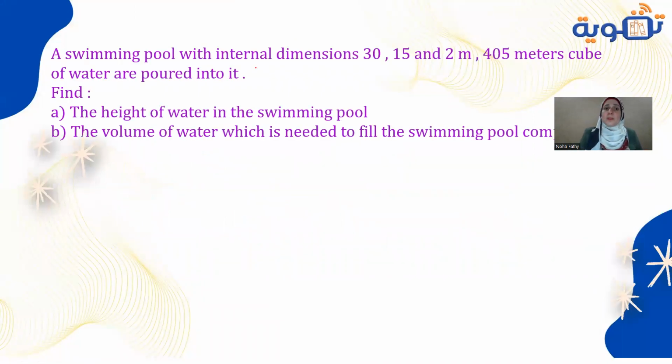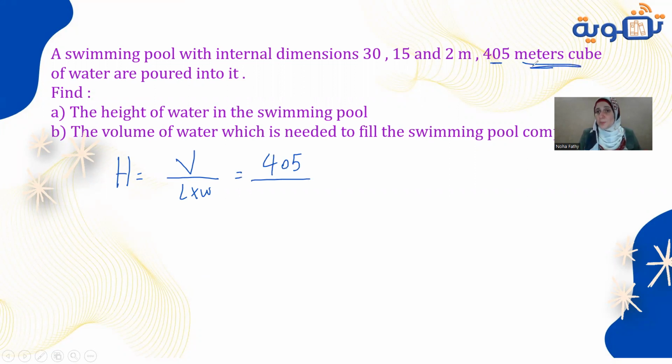A swimming pool with internal dimensions 30, 50, 15, and 2 meters, 405 cubic meters of water is poured into it. Find the height. You remember the magic triangle? To find the height, volume over length times width. So what is the volume of the water? 405 cubic meters. This is the volume of the water. I want the height of the water.